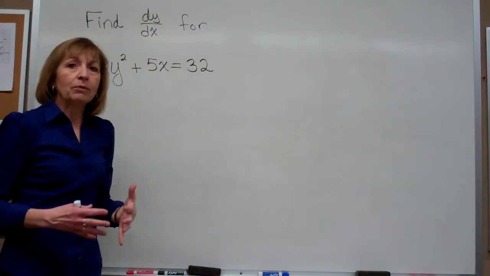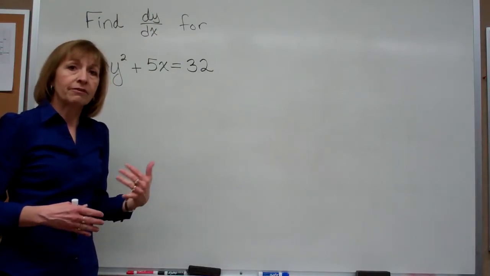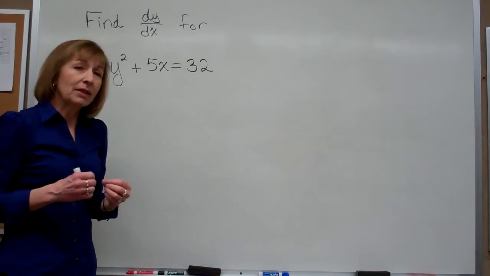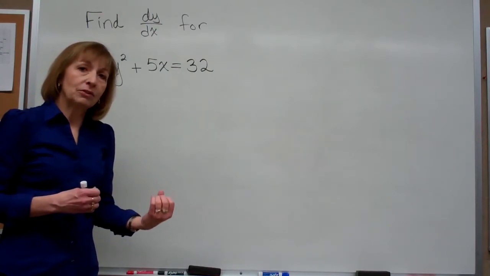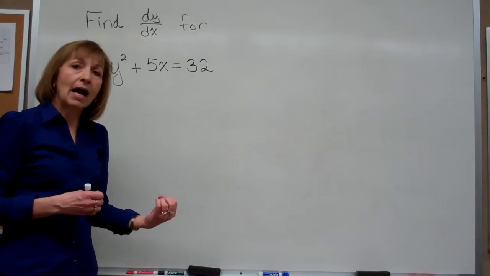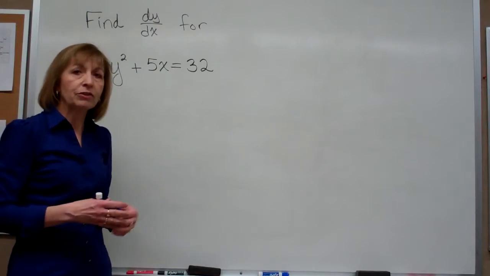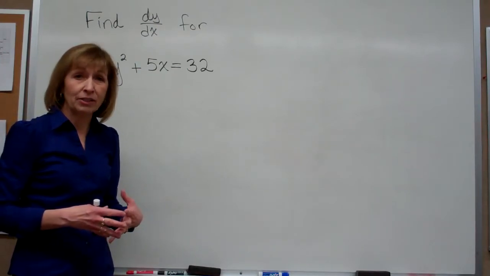So basically, we need to use our appropriate rules of differentiation, but with the chain rule, whenever we're differentiating the variable y, we need to multiply by dy/dx, or whichever your dependent variable is for that particular question.